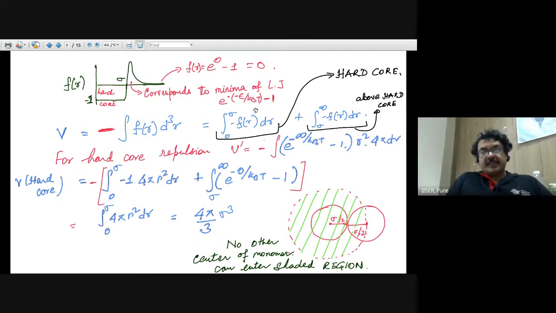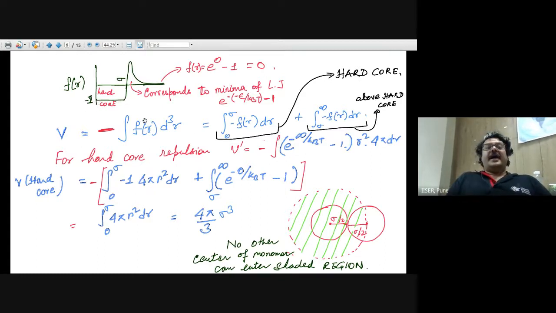Before considering even the Lennard-Jones, the full potential, let's consider this. This is the excluded volume, the negative of the integral of the Mayer function. There is a contribution coming from the hardcore repulsion, which is from 0 to sigma, the integral of this part.